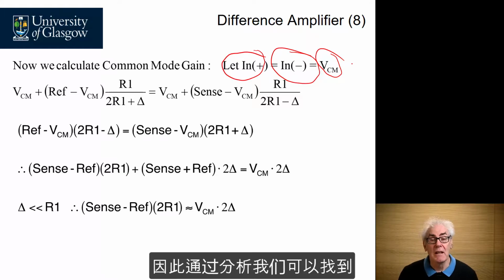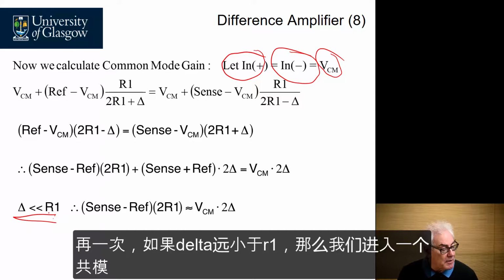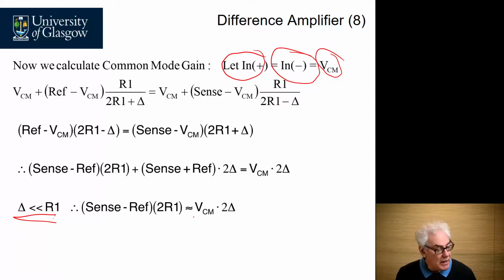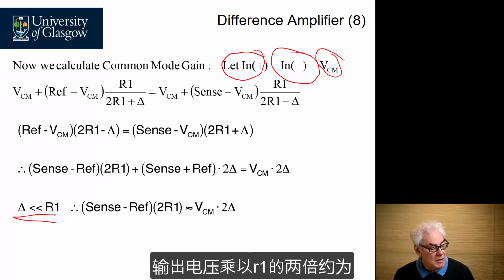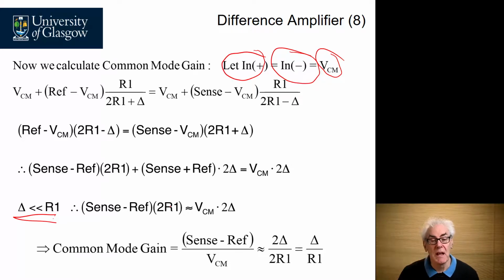So running through the analysis, we land up that again, if delta is much less than R1, then we land up with a common mode output voltage times 2 times R1 that is approximately the common mode voltage times 2 times delta.